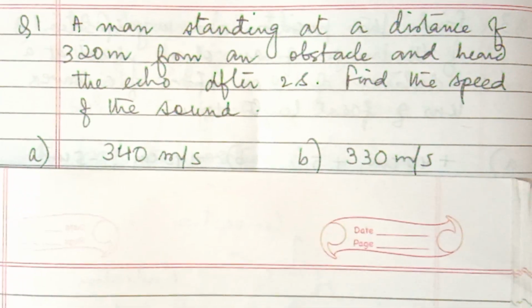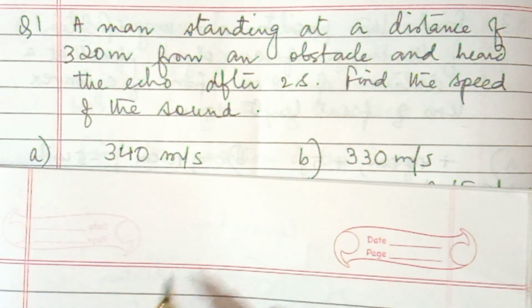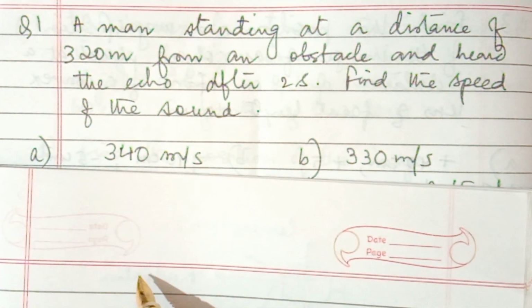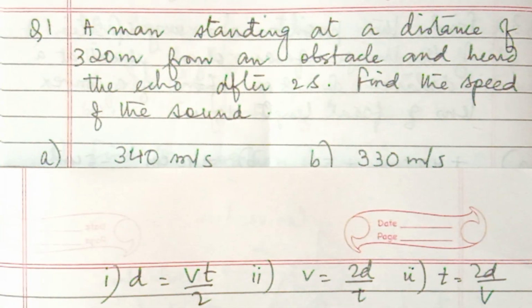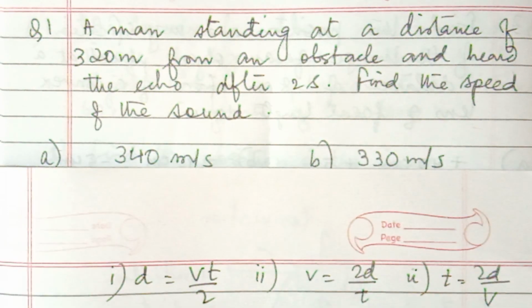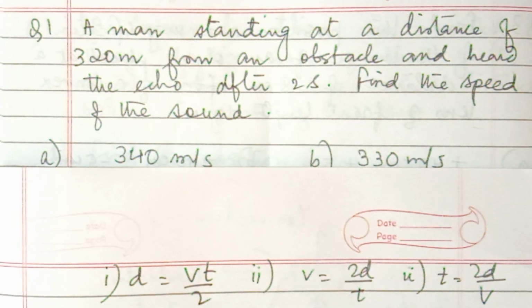So what are the formulas you have to learn in this part? First is distance. So distance is equal to velocity into time by 2.